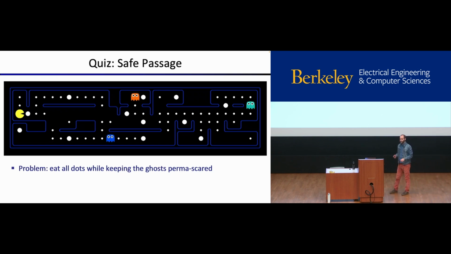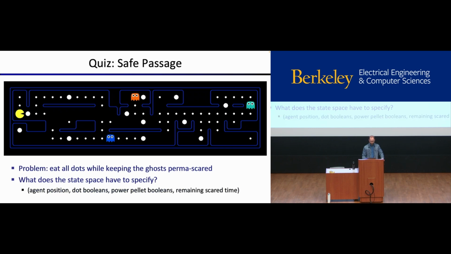You can probably omit ghost positions because if they're permanently scared, it doesn't matter. Yeah, that's right. I think so. How many big dots are left? Oh, yeah, yes. You definitely need to keep track of that and their location.